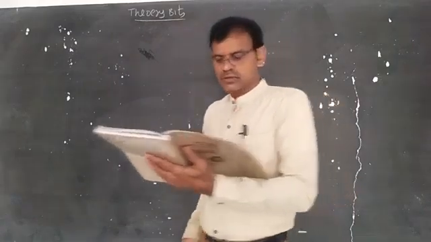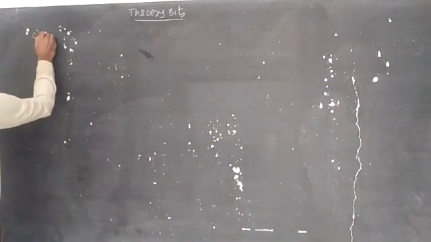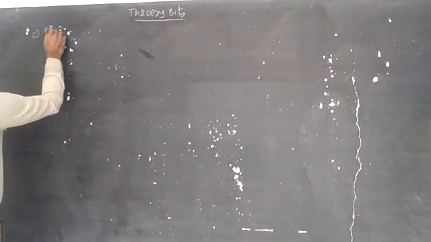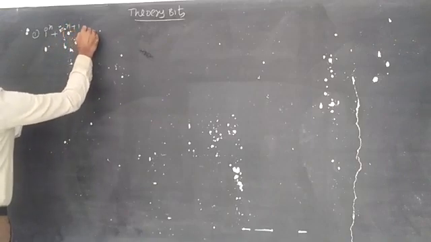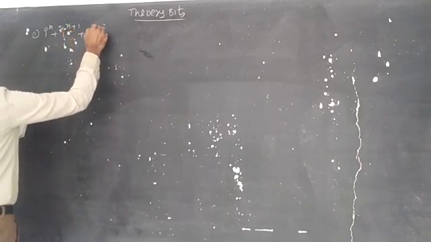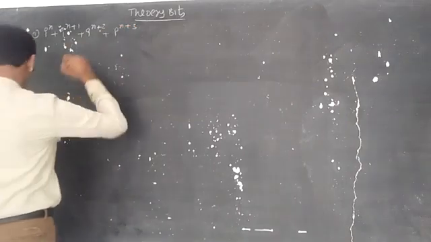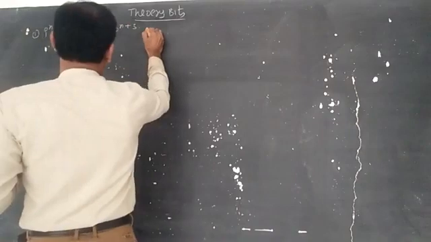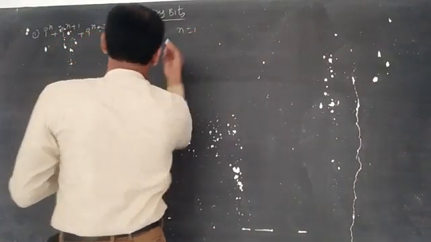Theory bits. First one: i^n plus i^(n+1) plus i^(n+2) plus i^(n+3), when n belongs to capital N. So put n equal to 1.